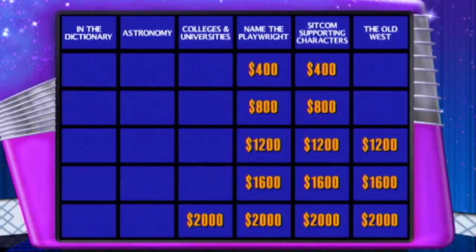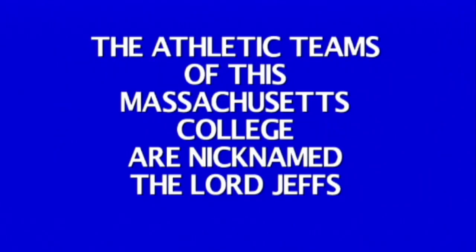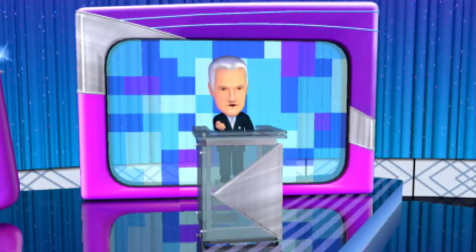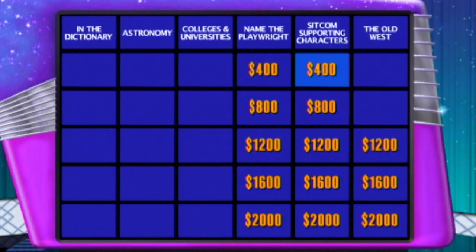You get to pick again, player 2. The athletic teams of this Massachusetts college are nicknamed the Lord Jeffs. Here's what we were looking for. Amherst College. We return to you, player 2.